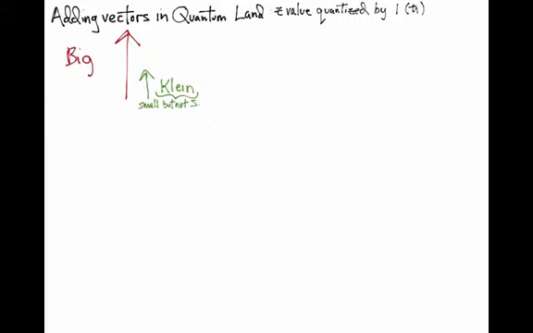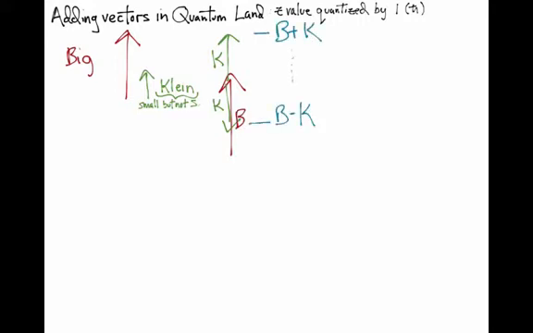So you identify the larger one, and you identify the smaller one, and then you add them together like this. The best you can ever do is to line them up. The worst you can ever do is to anti-align them. So we've got small Klein there and big, and the biggest value you can get is big plus Klein, and the littlest value you can possibly get is big minus Klein, and you're going to get every interval of 1 in between.